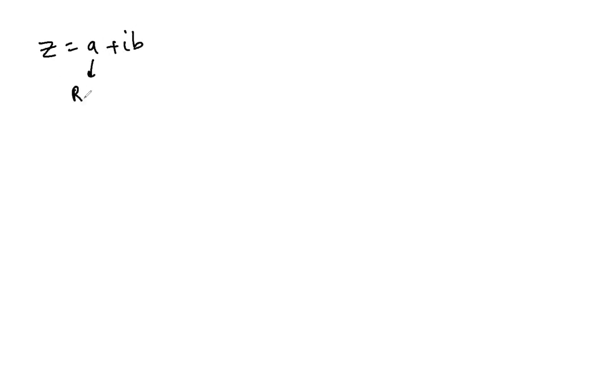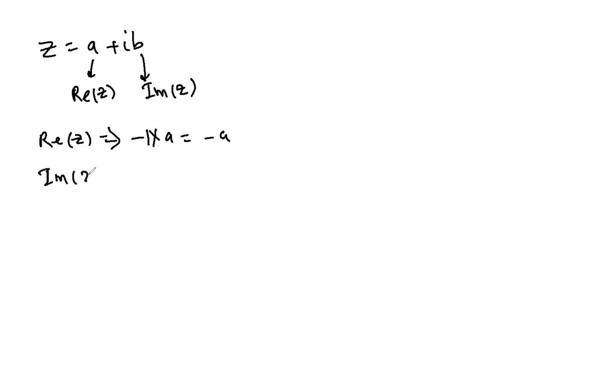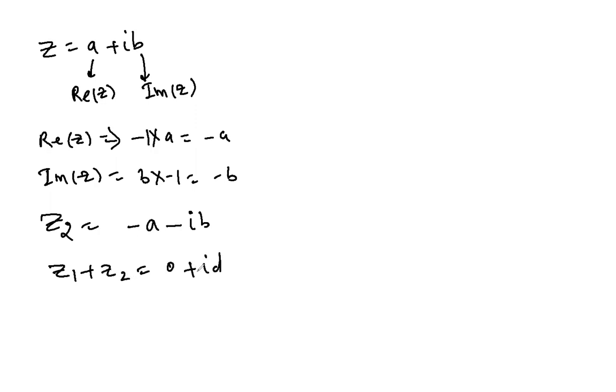So Z equals A plus iota B. Then the real part of Z is A, and the imaginary part is B. Now we change the sign of the real part, multiplying by minus 1, so it is minus A, and the imaginary part is B into minus 1, which equals minus B. Then you define this new complex number Z2, which equals minus A minus iota B, and when you add both complex numbers, you get the identity for complex numbers, which is 0 plus iota 0.